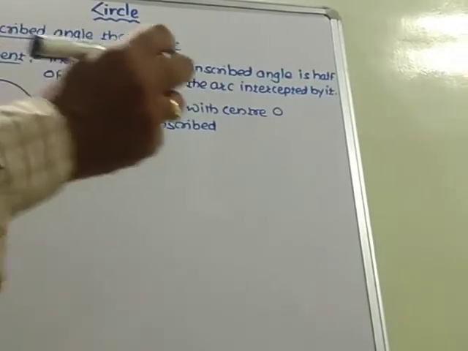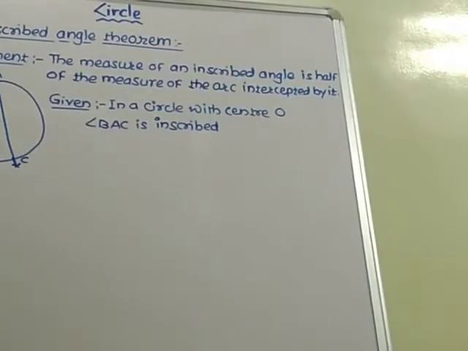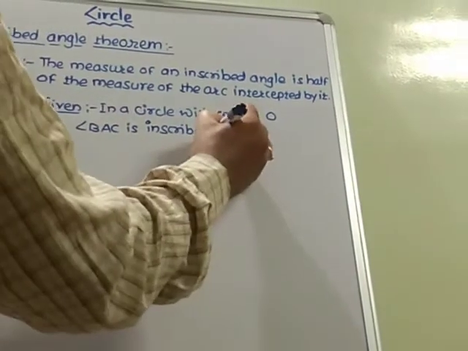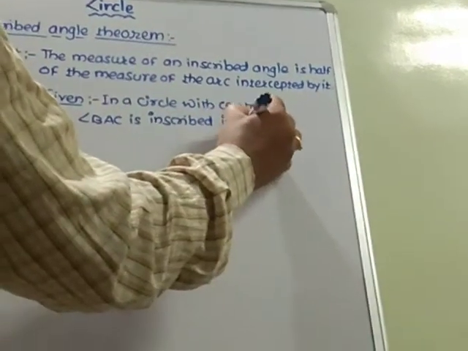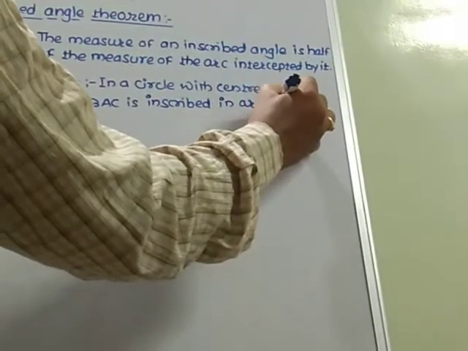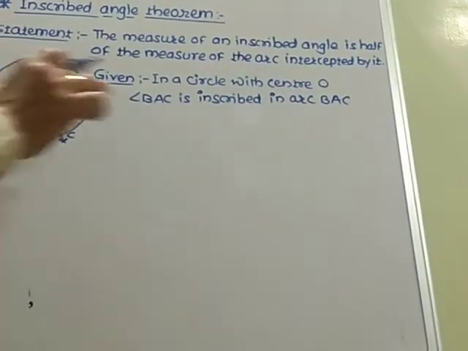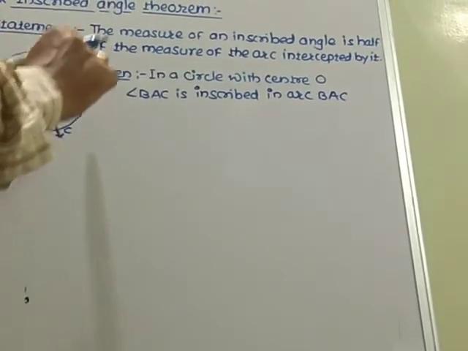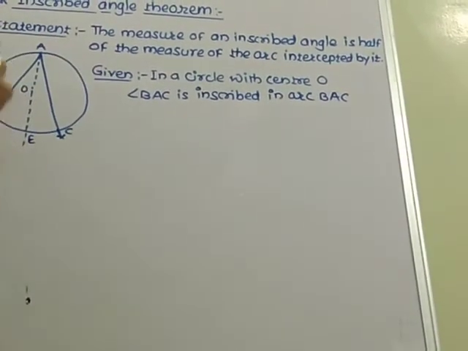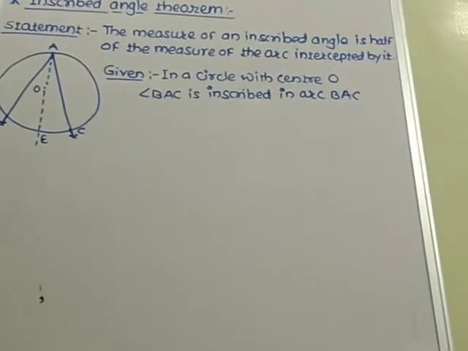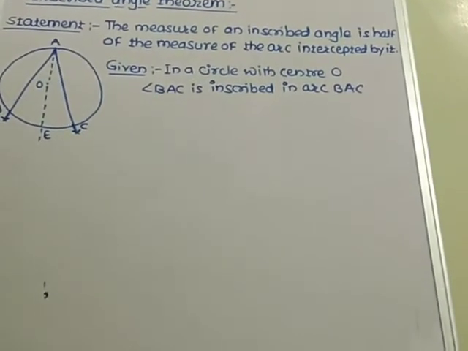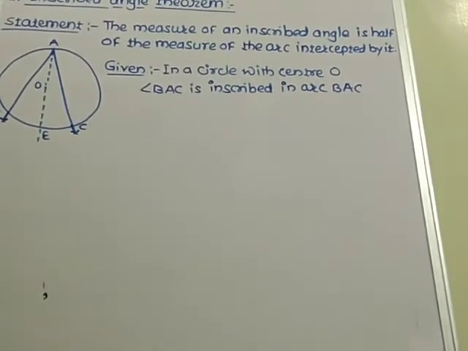Angle BAC is inscribed in arc BAC. That means from this to this is inscribed by this arc BAC.